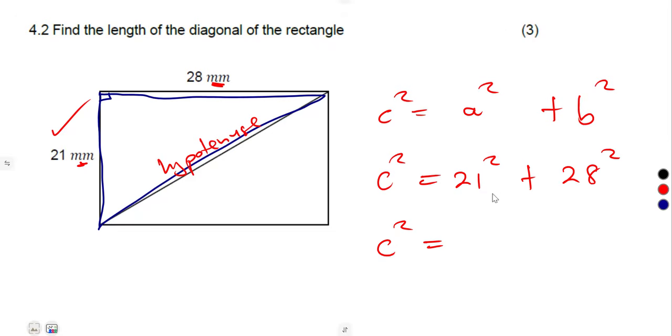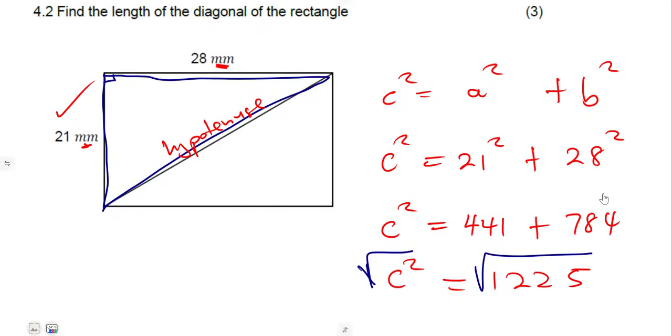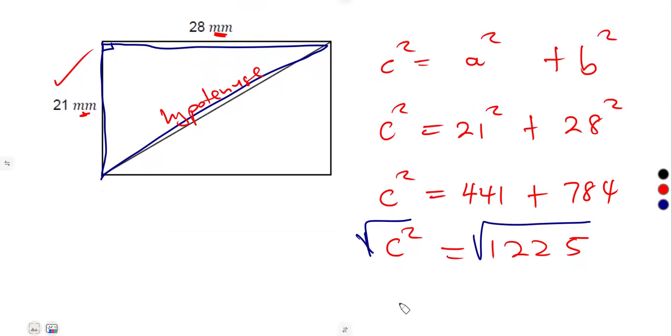So C squared is going to be, guys, you're going to simplify each or just combine it once. But 21 squared is 441. 28 squared is 784. Then adding these two, I was going to get something like 1,225. Then introduce the square root both sides, just like the previous questions we had.